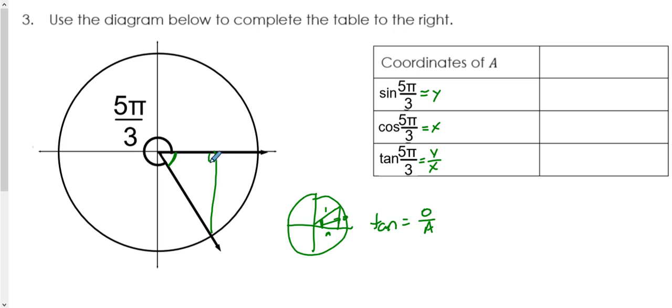All right. So the sine would be the y, that would be over here. The x would be, of course, right here, and we already know that this is going to be 1, right? So we're going to take this and we're going to convert this to degrees. So this pi turns into 180.